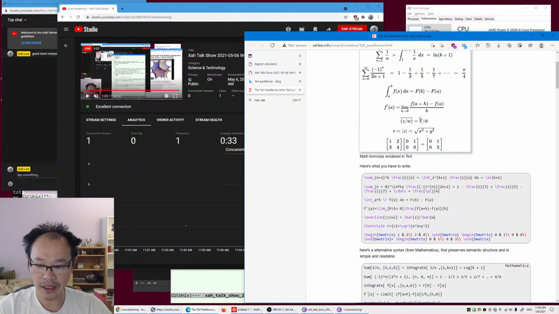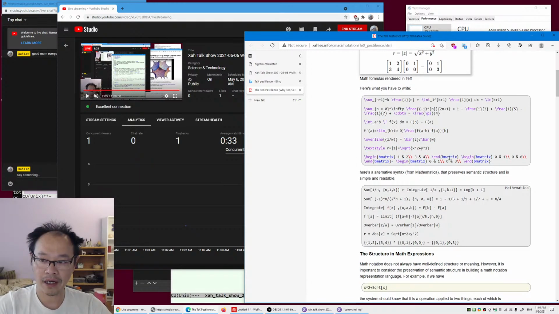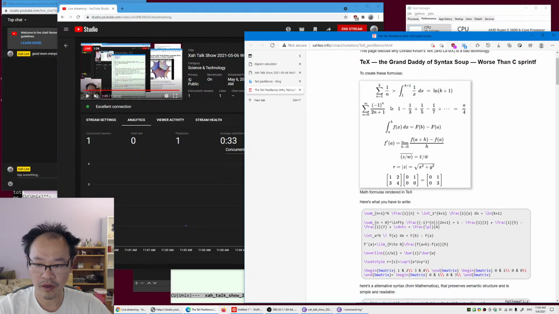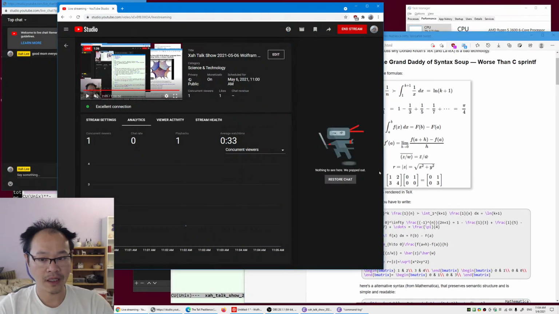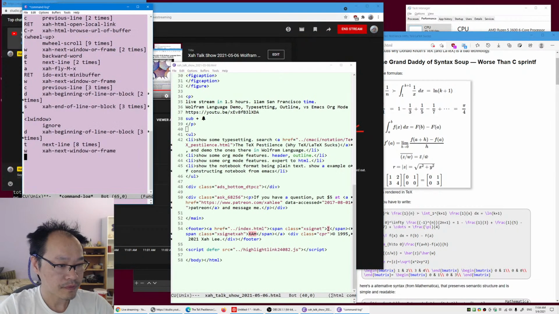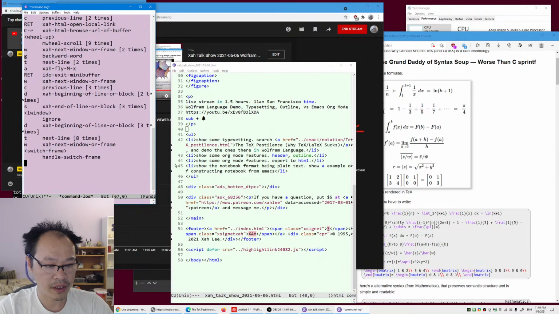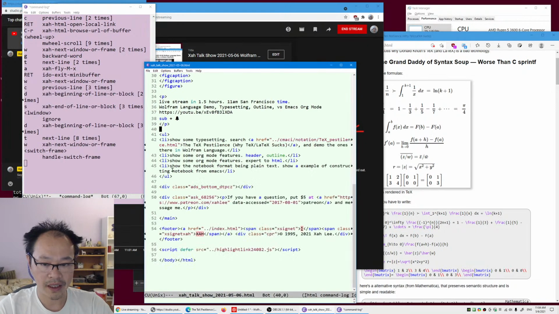Here we have typesetting, and here is the code you type in LaTeX to show this mathematical typesetting, and I'm going to show you how you do that in the Wolfram language. Okay, so on the left window, for those of you Emacs users, you can see all my Emacs commands and the keystrokes.